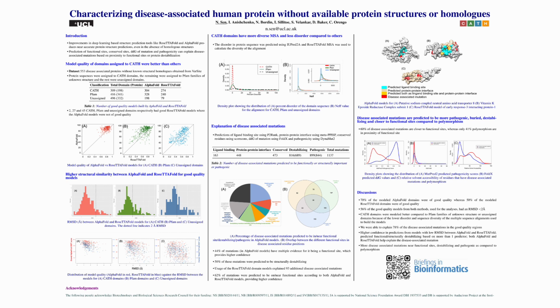Around 62% of the mutations predicted on or near functional sites in AlphaFold models were also predicted to be on or near a functional site based on RosettaFold models. We have higher confidence in these predictions.